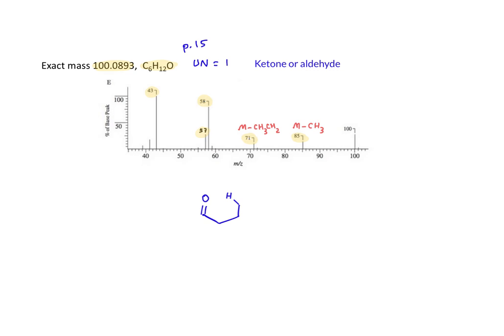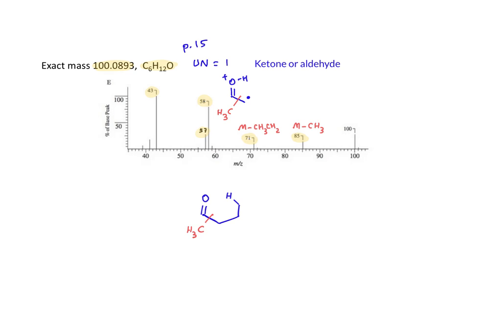The peak at mass over charge of 58 is consistent with the McLafferty radical cation product that has a methyl group attached, although we cannot say definitively at which carbon the methyl group is attached.